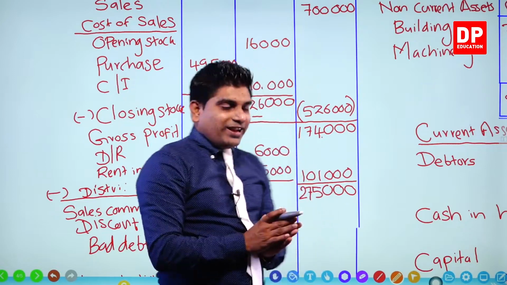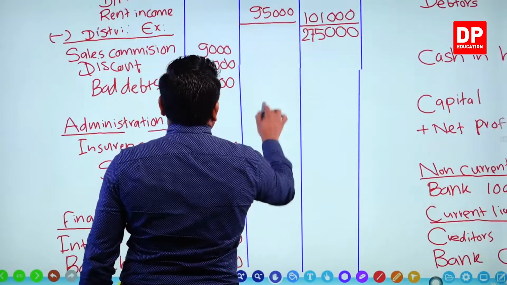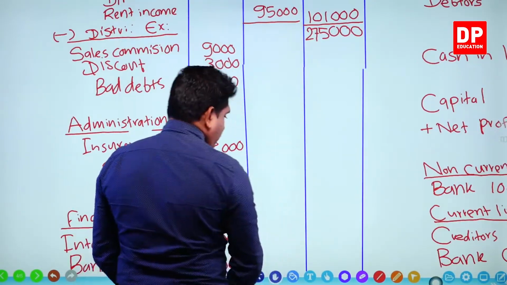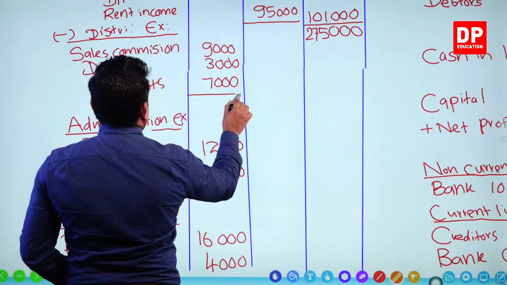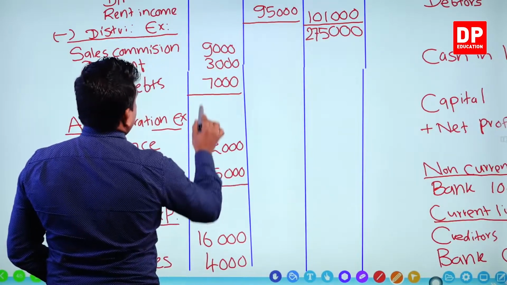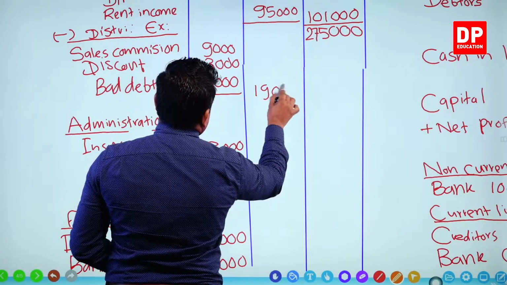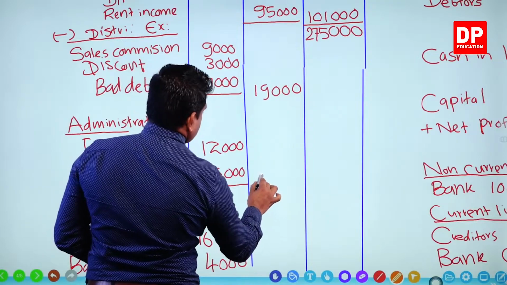Total income, right? Now we can get the total of this and this and this, right? Then how much here? 19,000. Here 37,000.